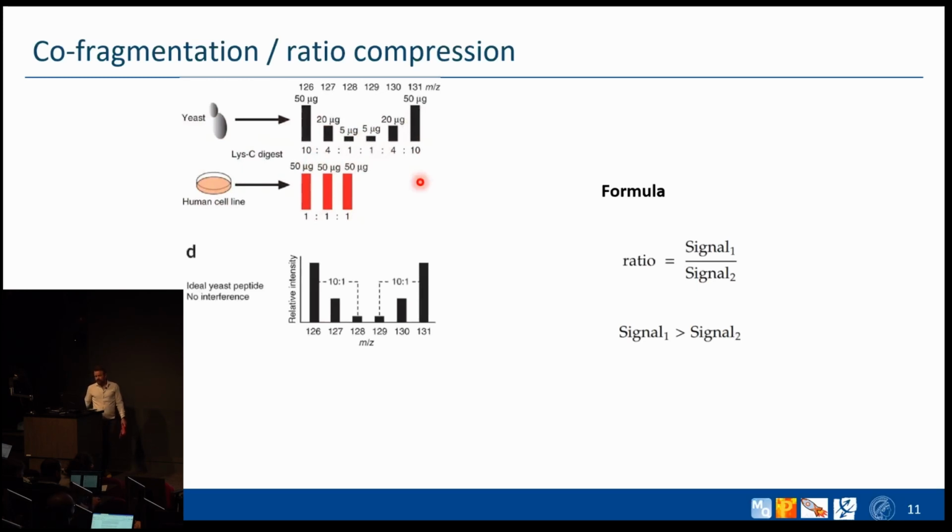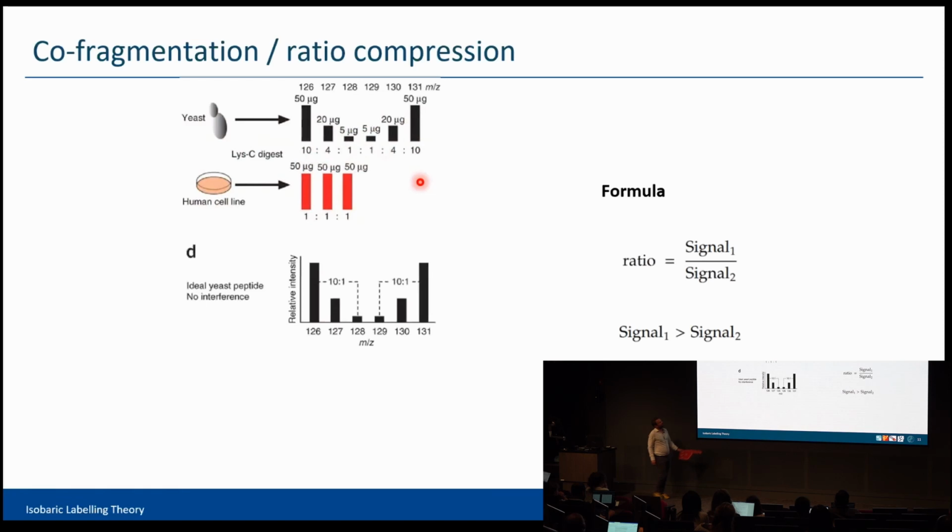So in an ideal world, if you would just do the analysis and quantify the ratios between the yeast peptides, then you should exactly get out what you put in. And the ratio in such a case is this complicated formula, where you just divide the signal of one channel by the signal in the other channel.